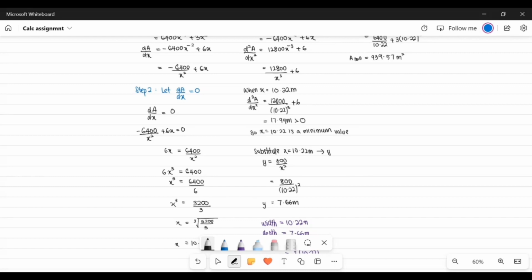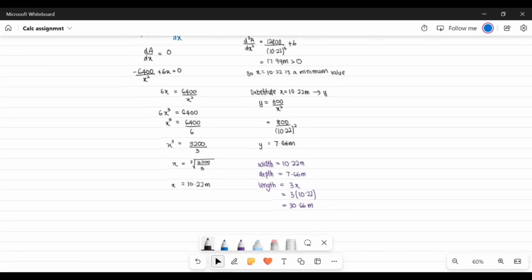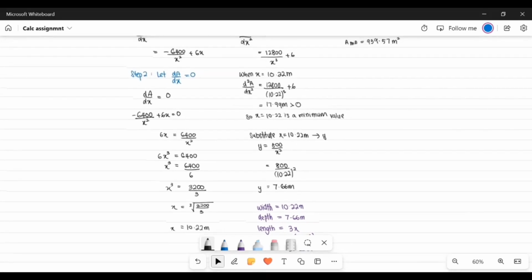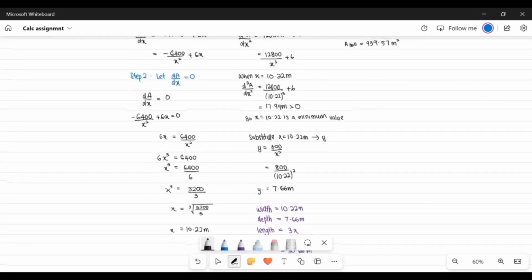If it's smaller than 0, which is negative, it will be the maximum value. After that, you will determine whether the x value is minimum or maximum.